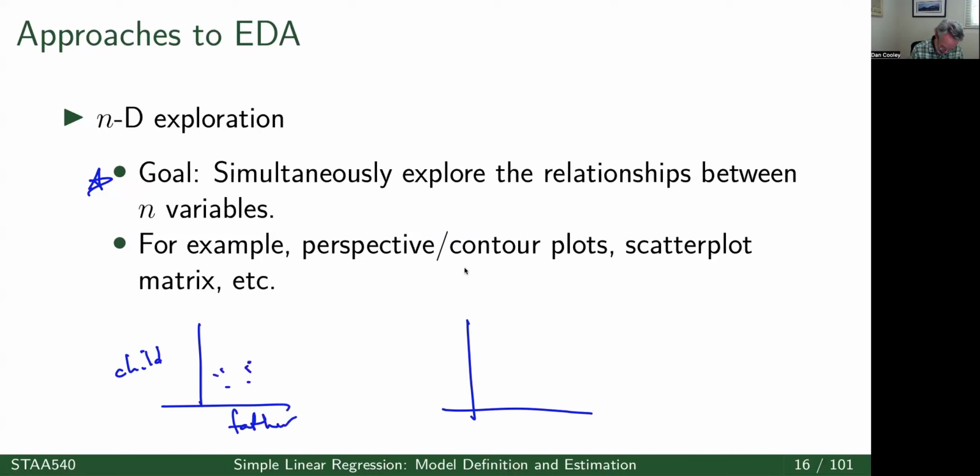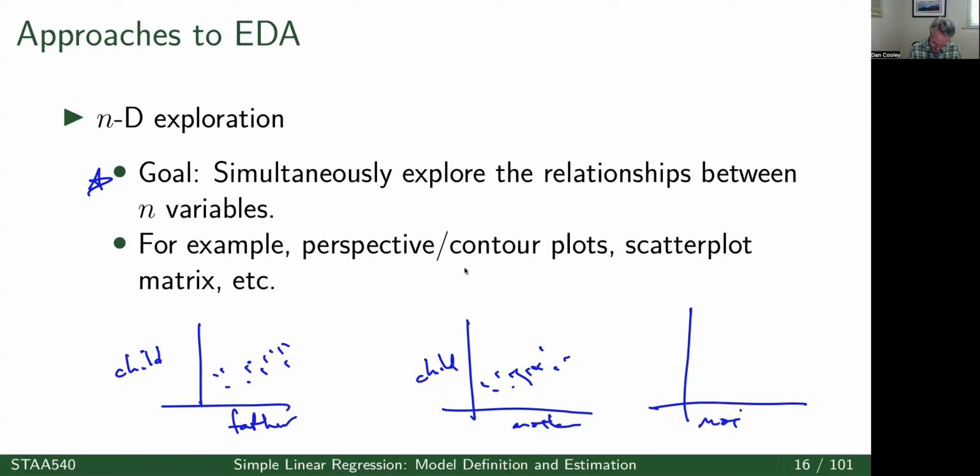We would have some data. We'd have child, mother's height. We'd have some data. We could see how each of those are related. We could even look and see if mother's height and father's height are related. I bet they are.